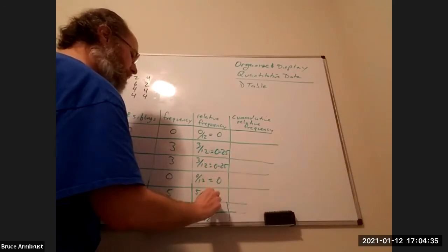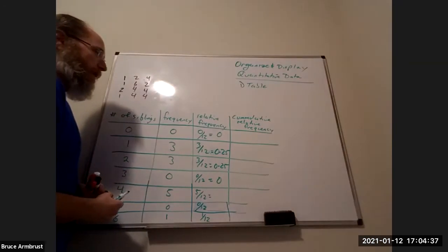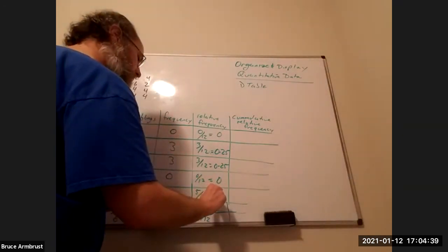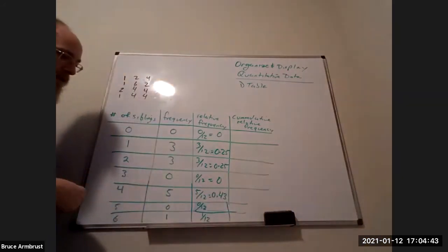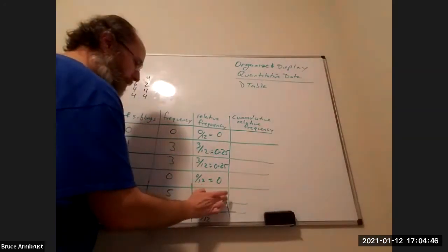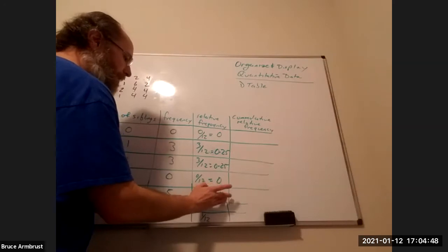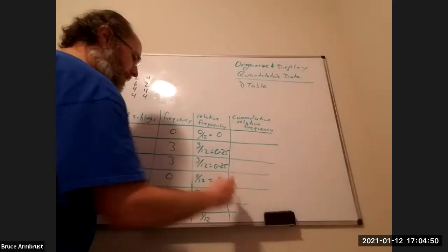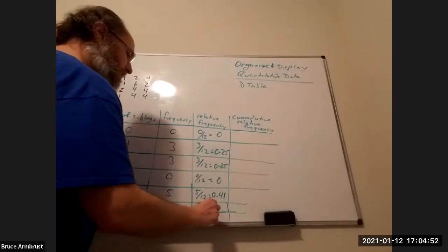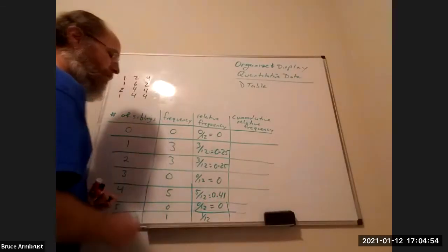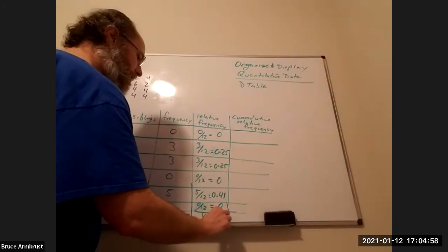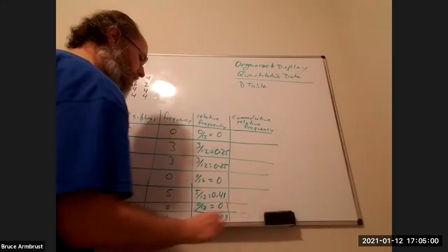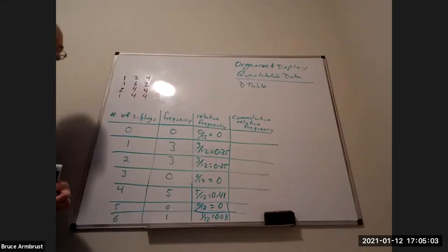This one's 0. 5/12 is 0.43. No, 0.42, if we round that to the nearest hundredth. 0/12 again is 0. And then 1/12, I believe, is 0.08, if you round it to the nearest hundredth.